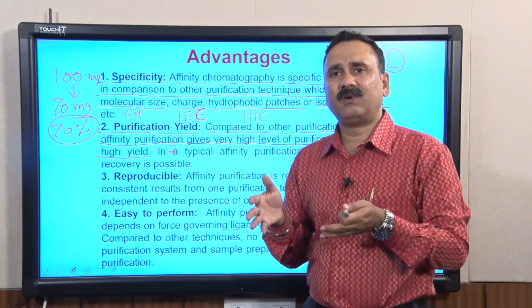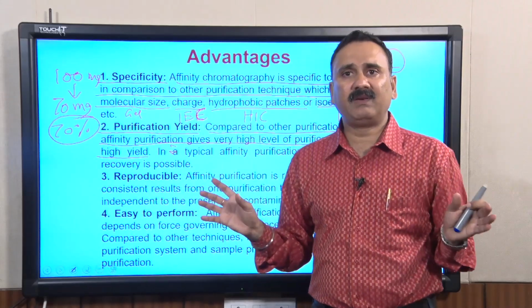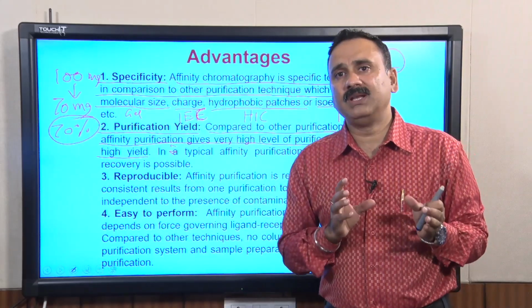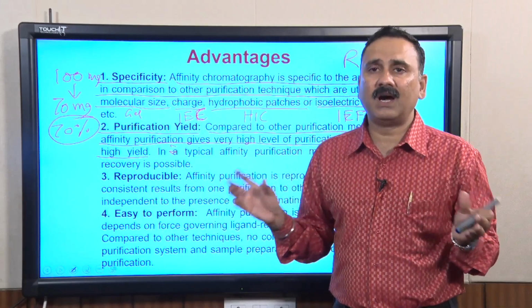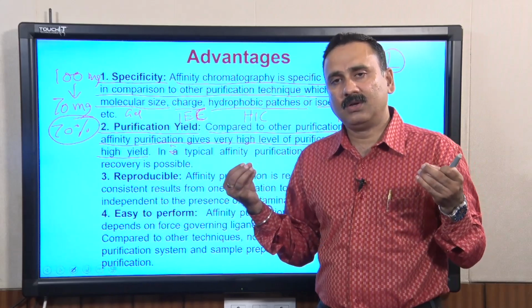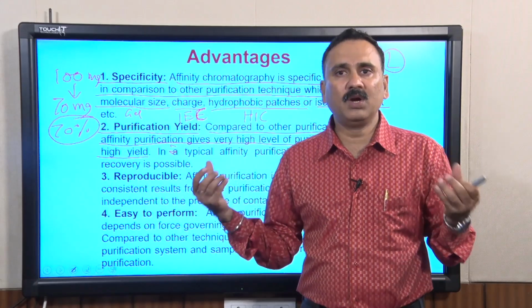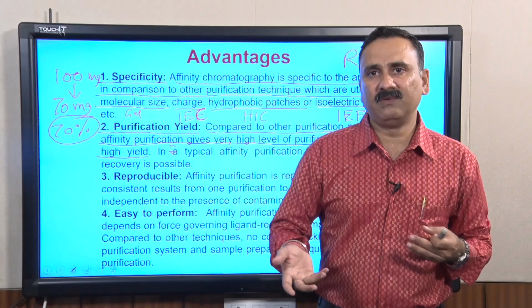And in this process, some of the fractions where your protein is less but the impurities are more, you have to discard, you should not include those in the subsequent purification steps.